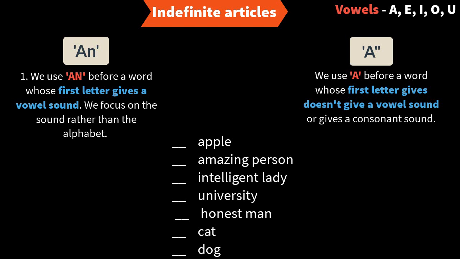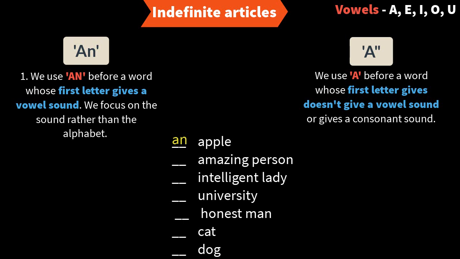Now, look at the first word, apple. When I look at this word apple, the very first letter, A, is a vowel, okay? But we do not care about the letter, we care about the sound, okay? When we pronounce it, apple, we get this sound, A, right? So it's a vowel, an apple, hence an apple. Second word, amazing person.